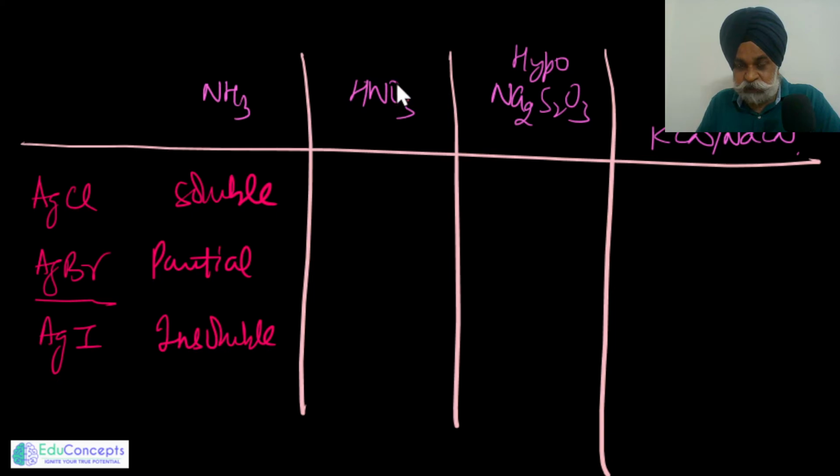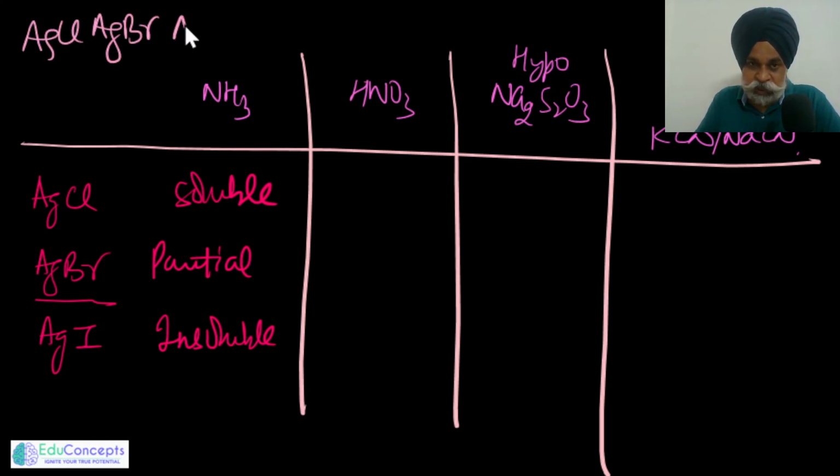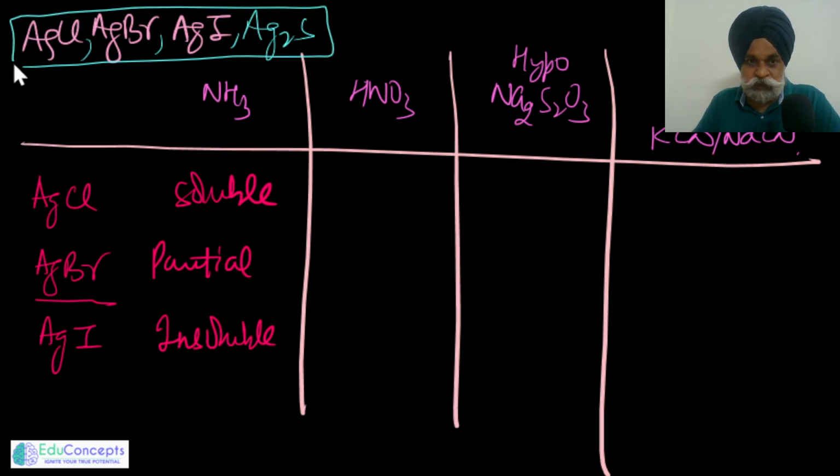Then if you treat it with any of these acids, as I said a few minutes back, AgCl, AgBr and AgI along with Ag2S, these are the 3 or 4 salts of silver which are always insoluble in acidic condition.